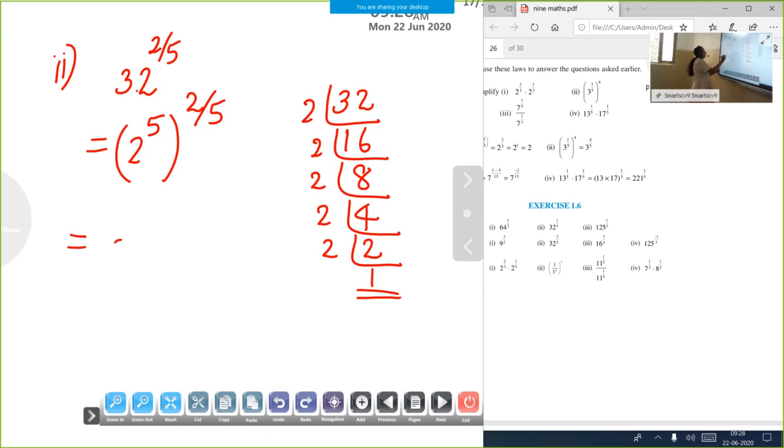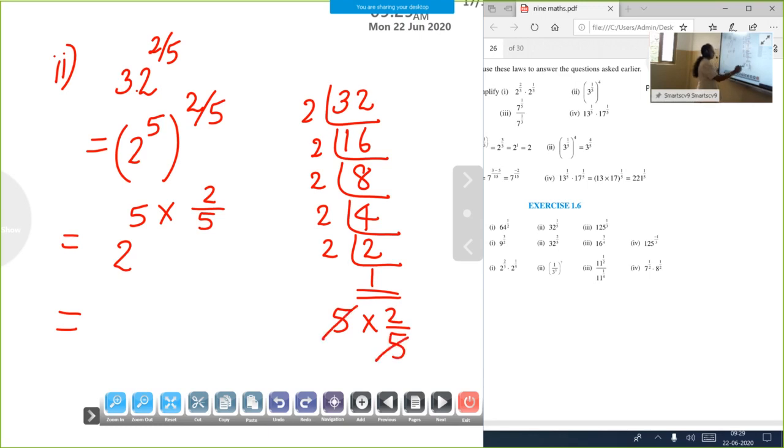Next step, multiply the powers. That equals 2 raised to 5 into 2 by 5. Again next step, you know how to solve it. 5 into 2 by 5, we can cancel these two 5's, the number is 1. 1 into 2 equals 2.